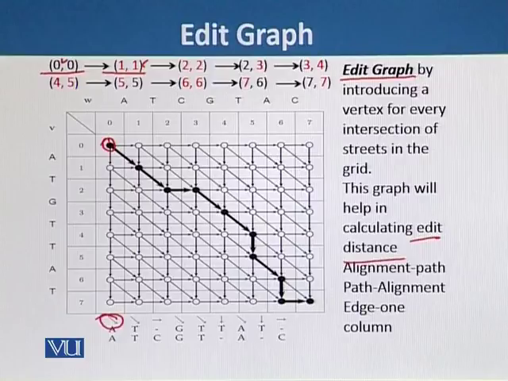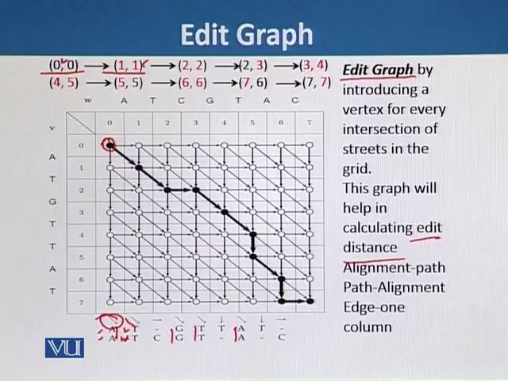We can see here that A is the same in the V and W, so we will use the diagonal arrow. Similarly for T and T, this T is V and this T is W, they are similar, so again we will use the diagonal arrow. GG, TT, we can see diagonal arrows.